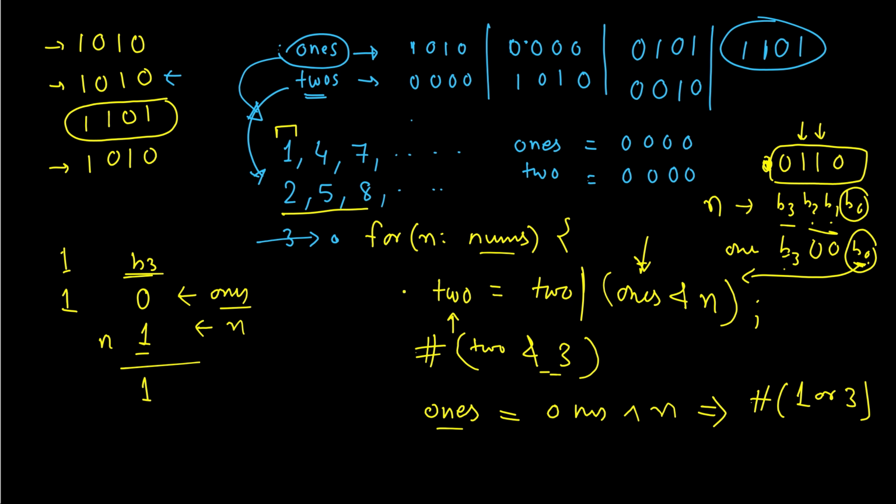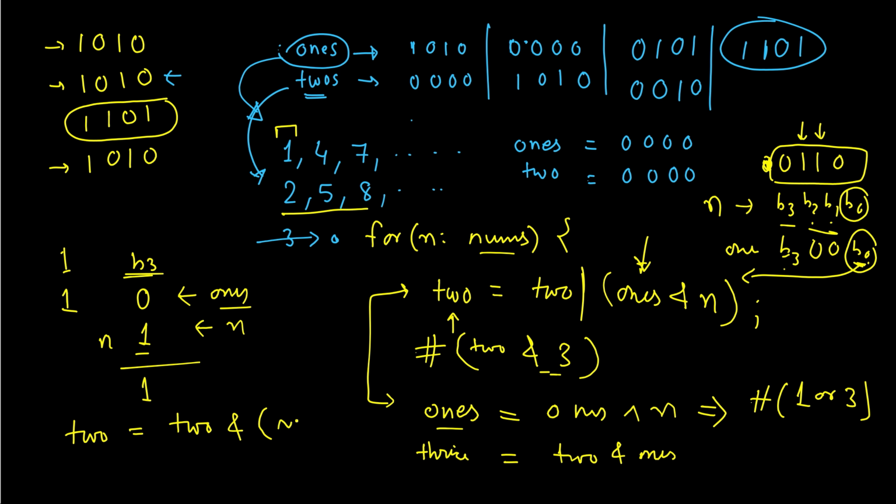So what is common among these two? The common is the bits which have occurred thrice. So we can have another number, thrice, and this will be twos AND ones. So the common of these will be the bits which have occurred thrice. And now we get rid of this thrice from both twos and ones. So twos equal to twos AND not of thrice.